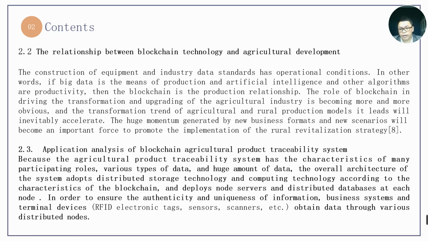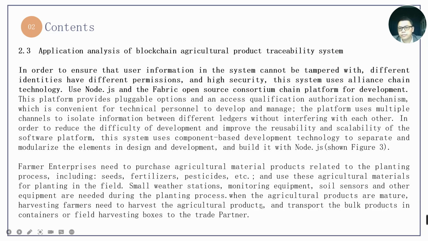obtain data through various distributed nodes. In order to ensure that user information in the system cannot be tampered with, different identities have different permissions and high security, the system uses consortium chain technology.